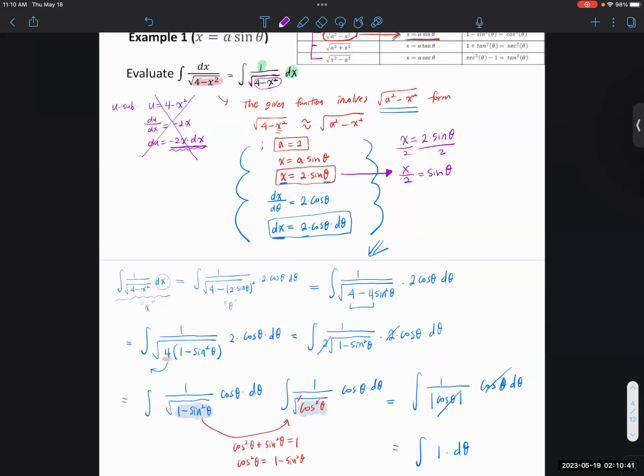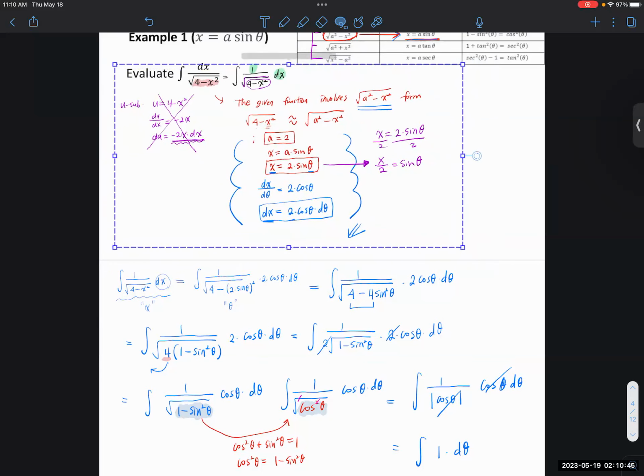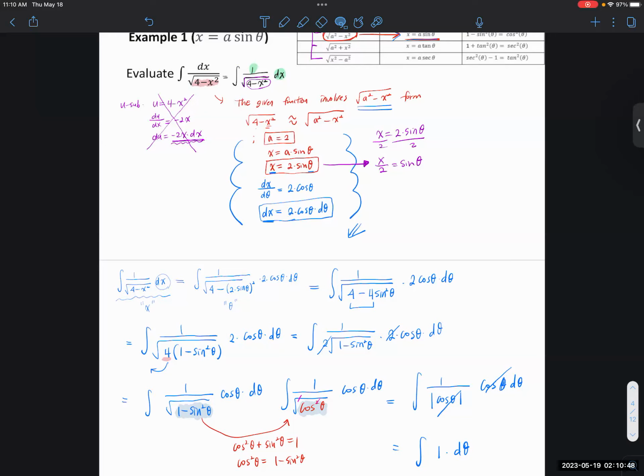And then do you remember in trigonometry, SOHCAHTOA. Sine theta is the same as opposite over hypotenuse.